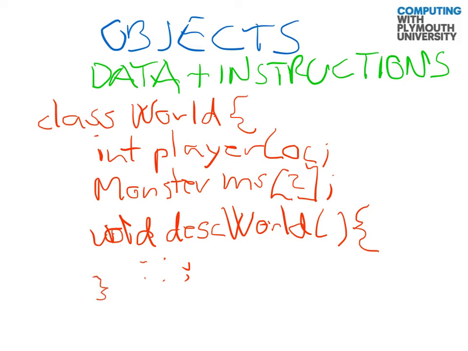Then we close the curly brackets for the method, and then we close the curly brackets for the whole class. Now this declaration has allowed us to define a data type, a class of type World that has both data, the two variables, and instructions, the descWorld method within it. Something we couldn't do before we had the object mechanism.